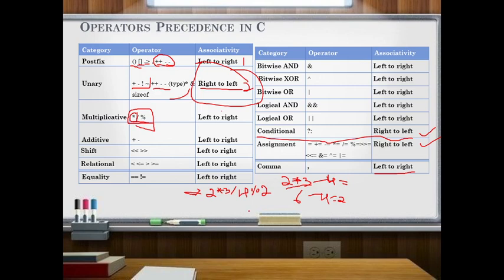If this is the case, then you move to the associativity, that is left to right. Then trace the expression from left to right, that is 2 into 3 first, 2 3s are 6, and then divided by 4, mod 2. Still it has the same precedence, so first is 6 divided by 4.